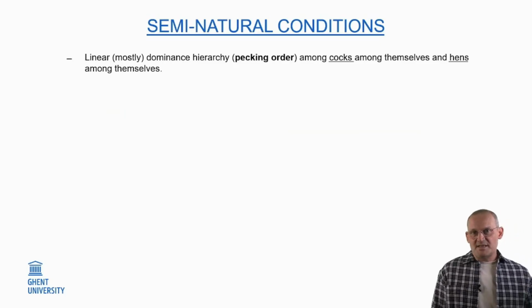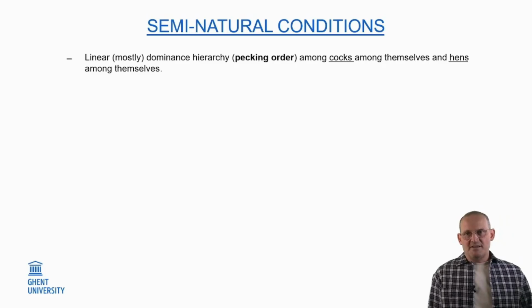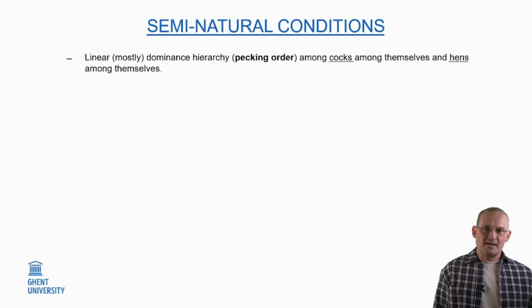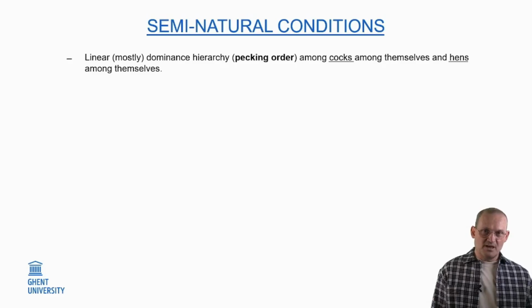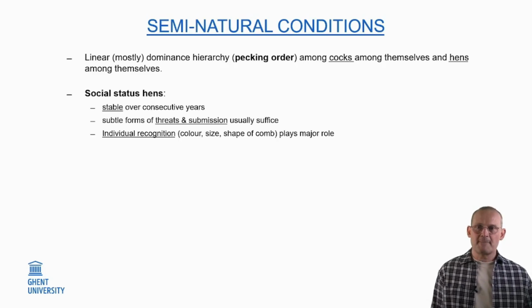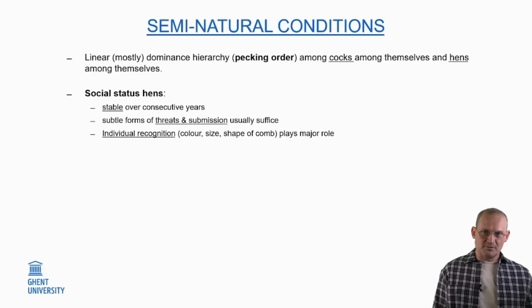We see also in these semi-natural conditions that they normally form a linear dominance hierarchy, which in poultry is called the pecking order. And a separate pecking order is formed among the males, the cockerels, and amongst the females themselves. And the social status of the hens in their pecking order tends to remain stable over consecutive years.